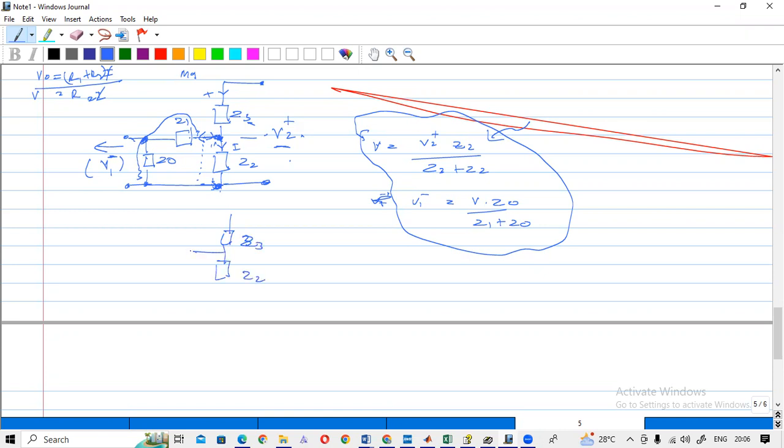So if you want to find Z1 and Z0. So this is voltage now. No, that is also not right. So what I'm going to do is find the total impedance here, and find the total impedance here, then put the voltage divider. Is it equal to V1 minus?